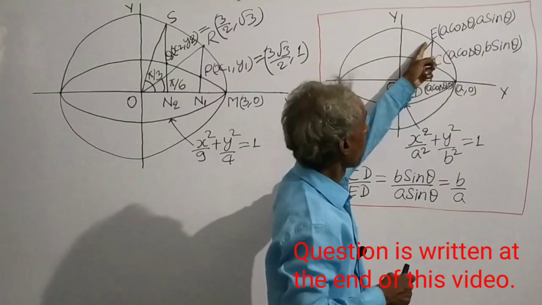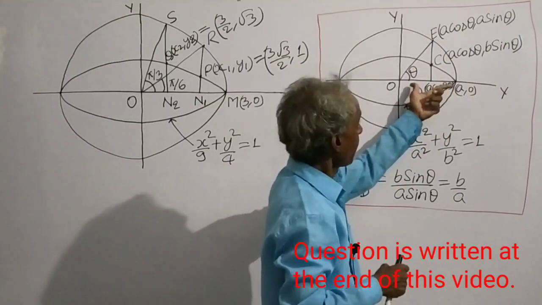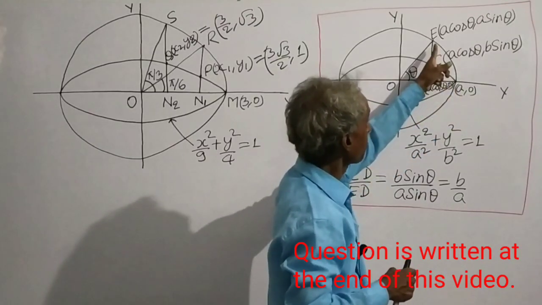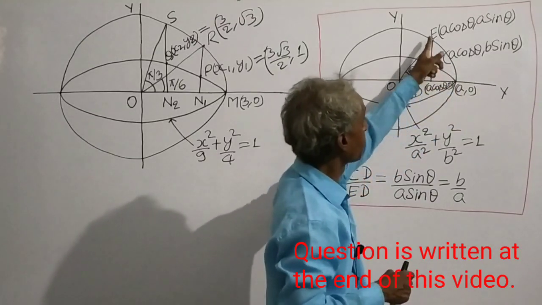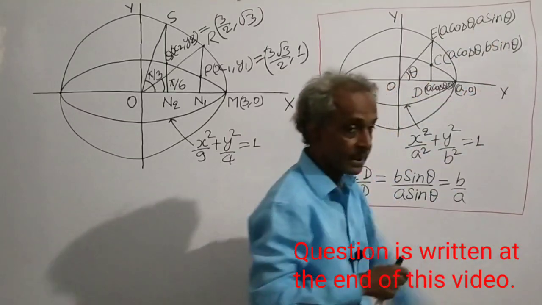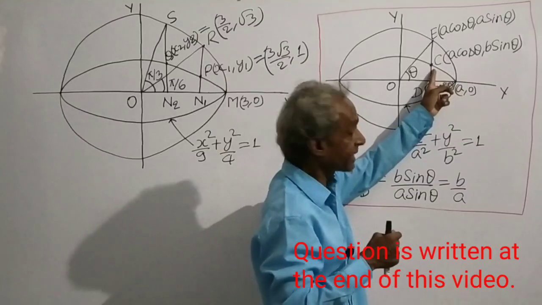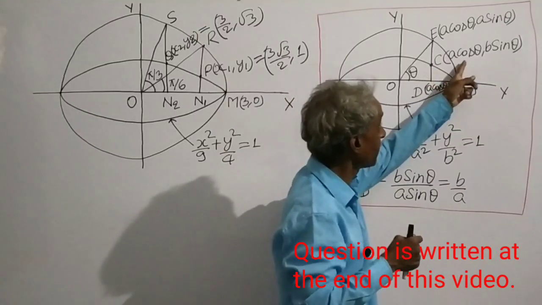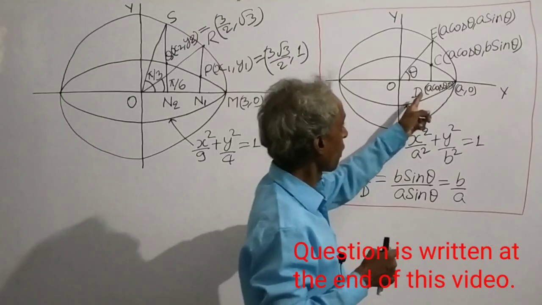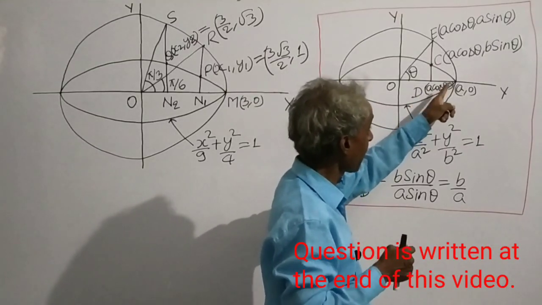Since point E lies on the circle and the radius of this circle is A, and this angle is theta, therefore the coordinate of point E will be A cos theta, A sin theta. The coordinate of this point C on the ellipse will be A cos theta, B sin theta, and the coordinate of this point D will be A cos theta, 0.